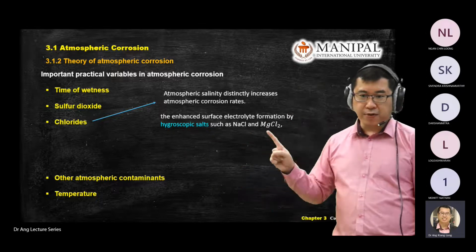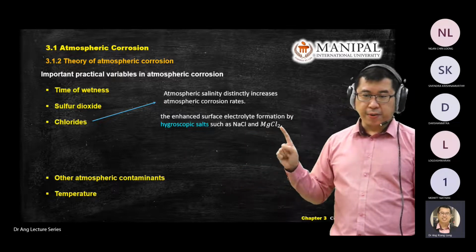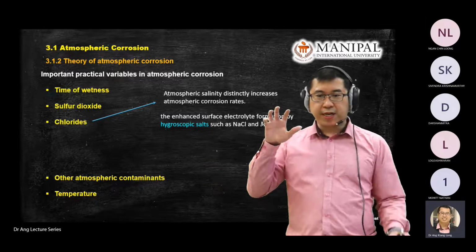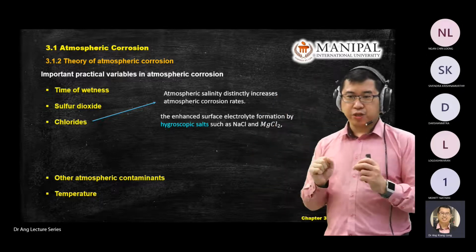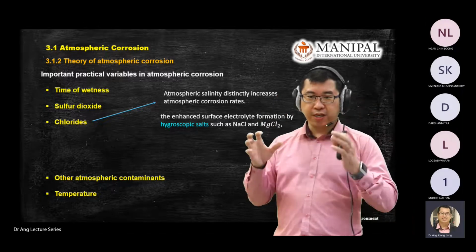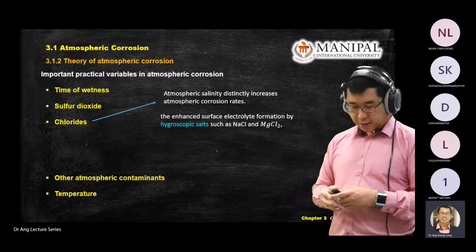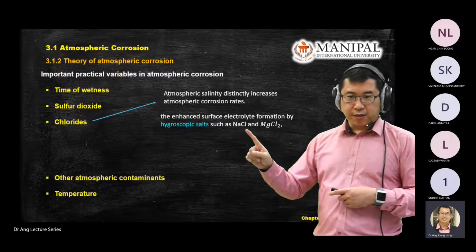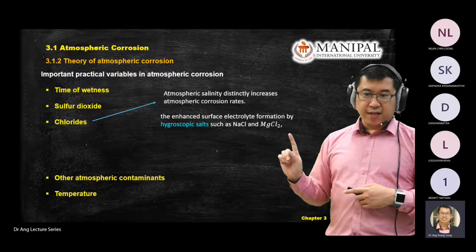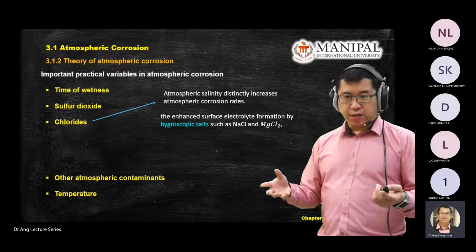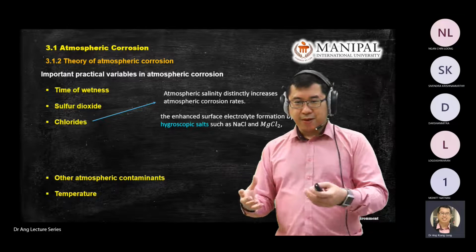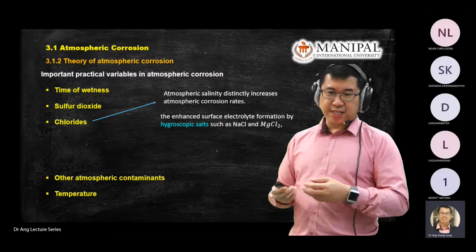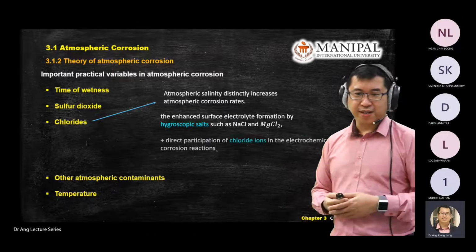But these two types, natrium or magnesium, they are hygroscopic. Hygroscopic means they like to capture moisture. They like to capture H2O molecules in the environment. Okay, so these two are very dangerous. Not dangerous, but these are the two bad guys when it comes to corrosion. They will go and grab water molecules to form an acidic environment, right?